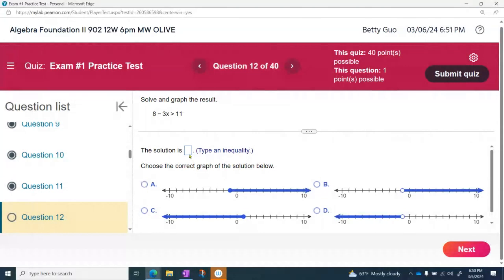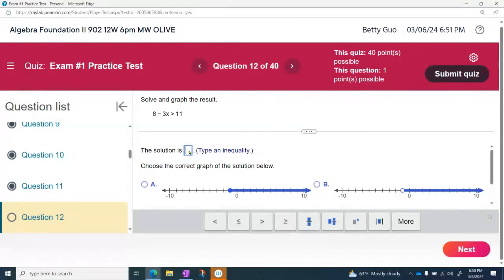Okay, you do this one. Be very careful with the sign. 8 minus 3x is bigger than 11. If I move 8 over to the right side, I have 11 minus 8, I have 3 on the right side.